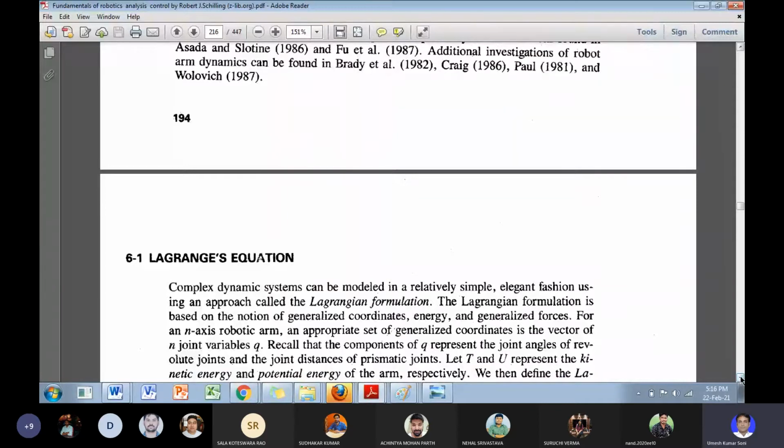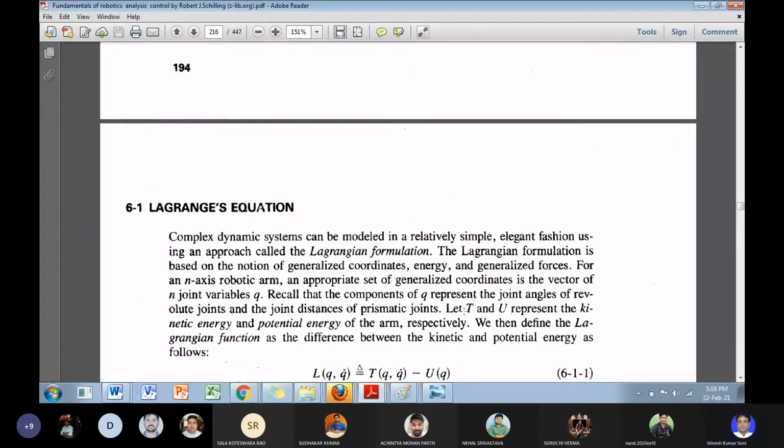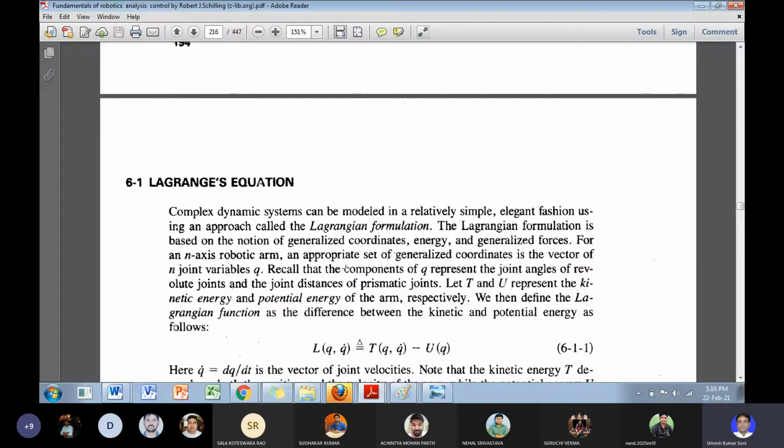Every complex dynamic system can be modeled in simple formulation using the Lagrangian formulation. In the Lagrangian formulation, we use the energy, generalized forces, and generalized coordinates of motion. So suppose there is an n joint robotic arm, and n joint variables q are defined by q1, q2, q3, up to qn, and let's take T as the kinetic energy, and U is the potential energy of a link.